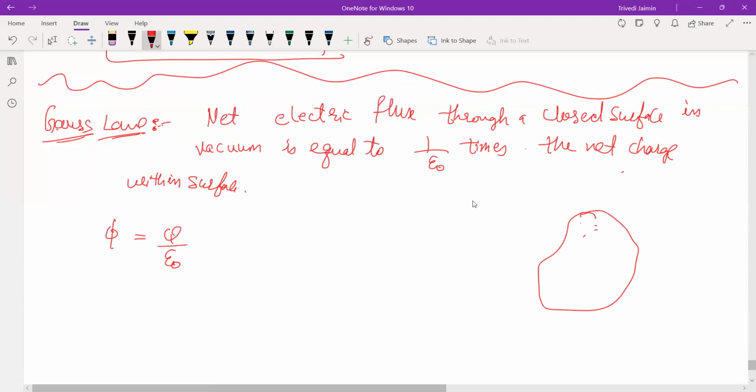That means these are charged particles. So what will I do? I'll take the small area as dA, and S is a closed Gaussian surface.